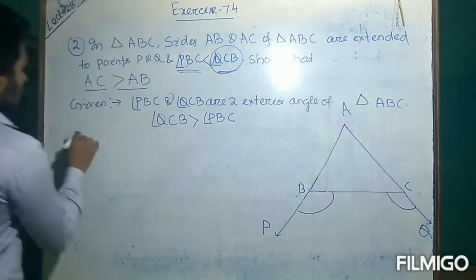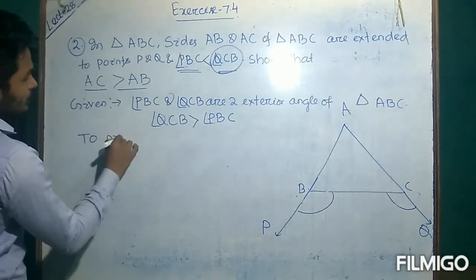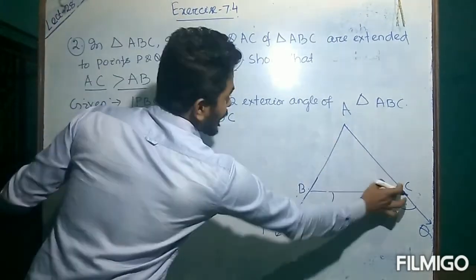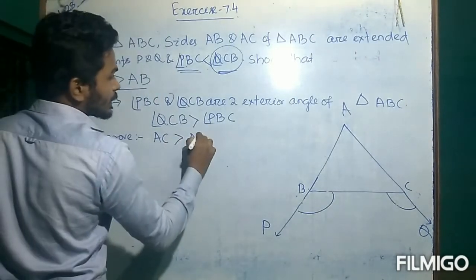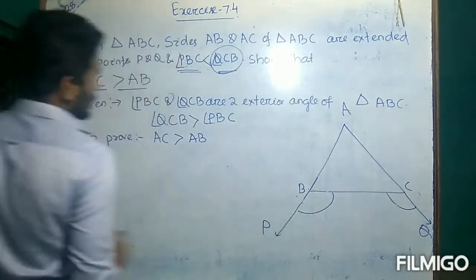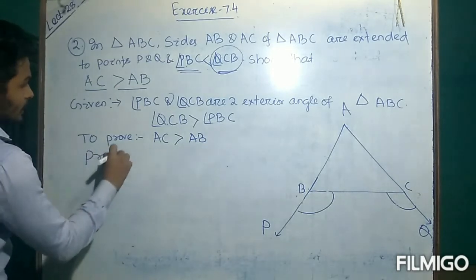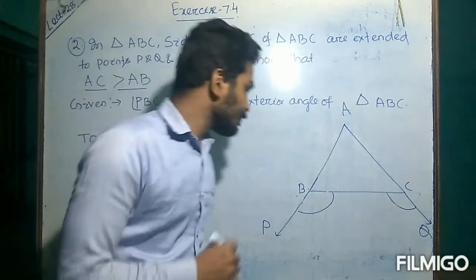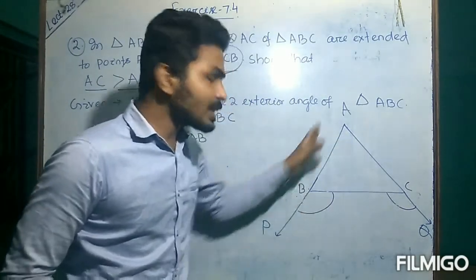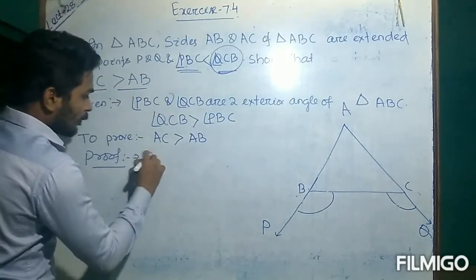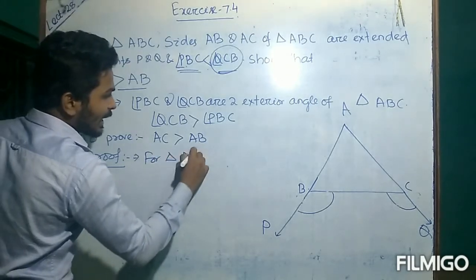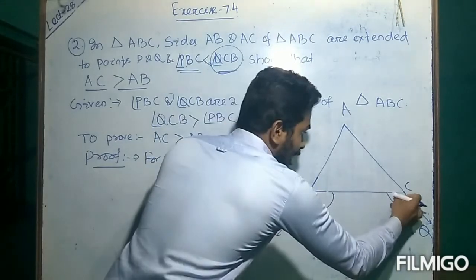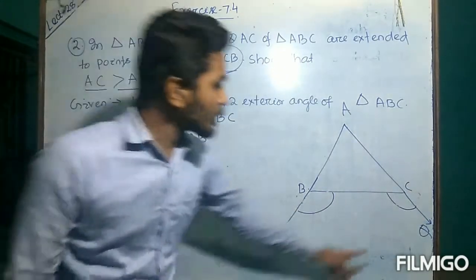Now, to prove AC side, this side, is greater than AB side, this side, how can you prove it? This is very interesting. See, if we consider ABC as a triangle, for triangle ABC, this angle is an exterior angle.